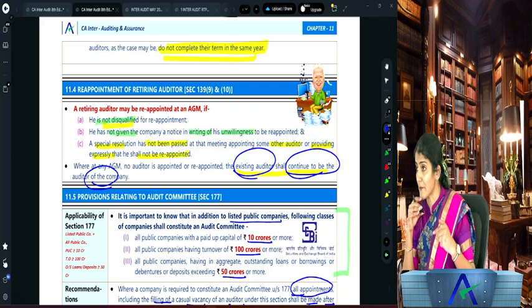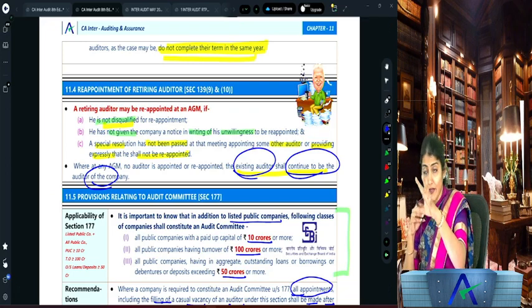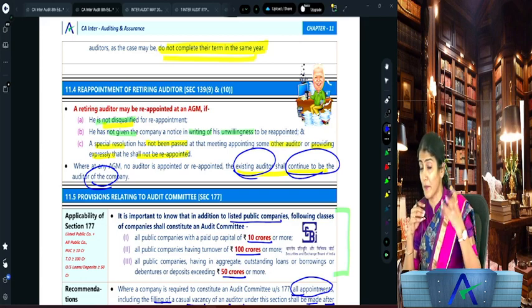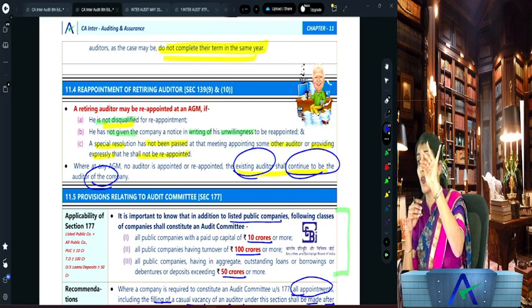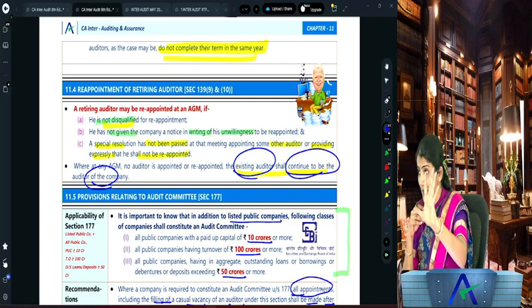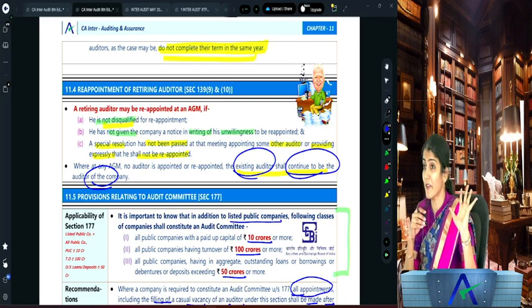What did I tell CA Sparkle? The meeting is going on and he is wondering, what about me, whether I continue to be the auditor. You have to tell him that if any of the following four happen at the AGM, out. If none of these happen, then you continue to be the auditor of the company. Which of the following four?